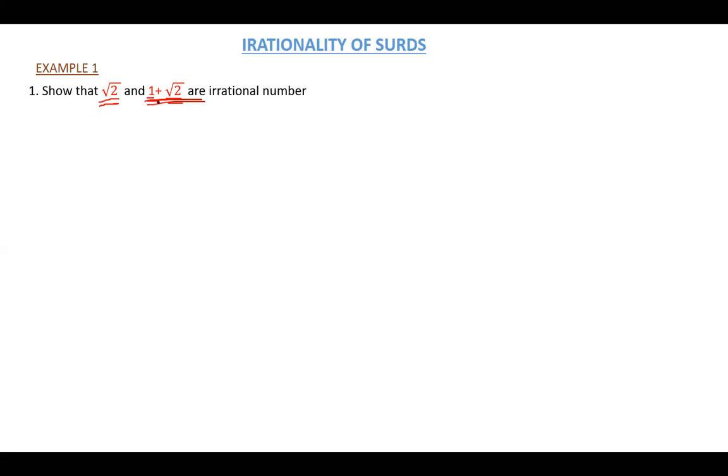So when you are given such a question, you just show that the root of 2 is an irrational number, and then you conclude that since the addition of a rational number and an irrational number results into an irrational number, it simply implies that 1 plus the root of 2 is an irrational number.